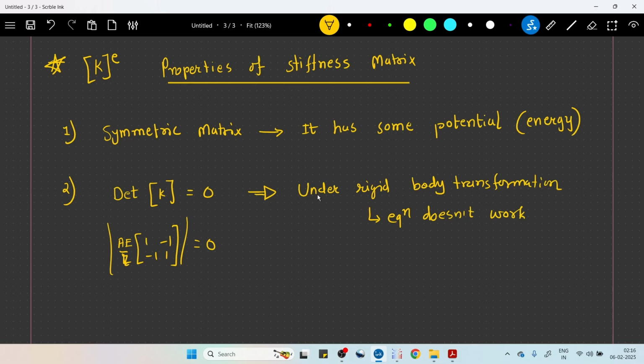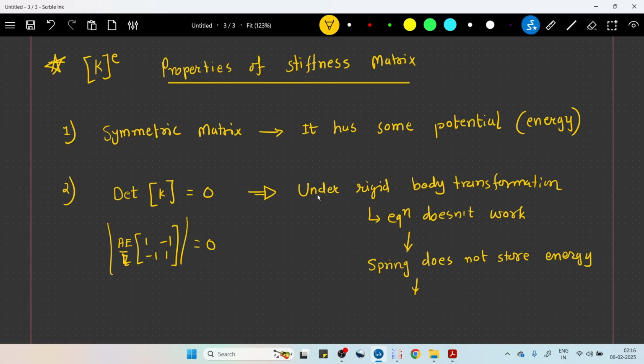The equation doesn't work means that under rigid body transformation, this spring does not store energy.